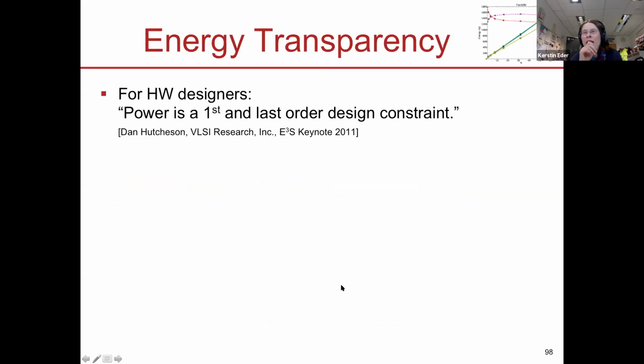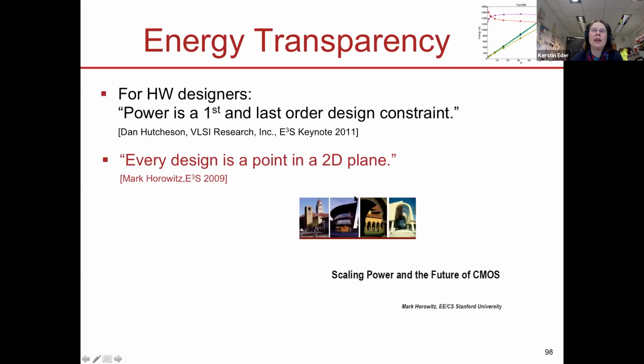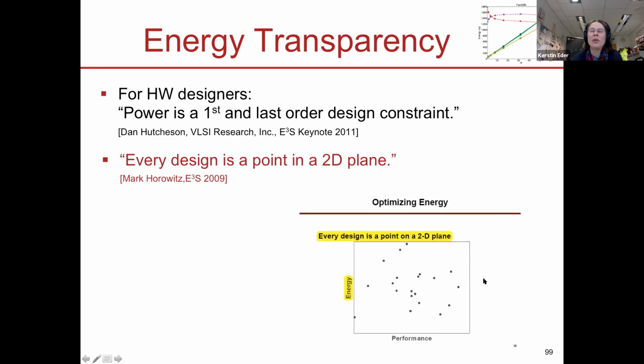Now, if we look at hardware design, hardware designers have had power as a first and last order design constraint for more than a decade. And I've looked at some interesting slides that have been presented at an energy symposium in Berkeley, where the presenter said every design is a point in a 2D plane, right? And that was in a presentation on scaling power to the future of CMOS. So he showed this.